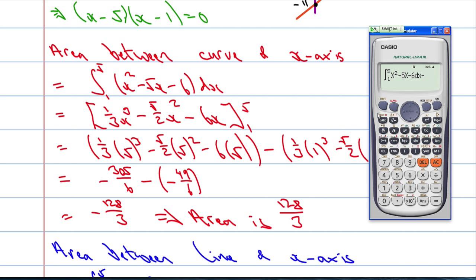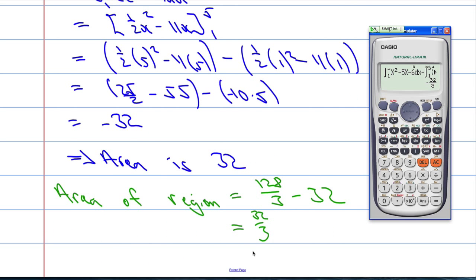And we're taking away from that the integral between, again, 5 and 1, of x minus 11. That gives us a negative number here, only because it's underneath the axis, but we can see 32 over 3 is exactly what we had.